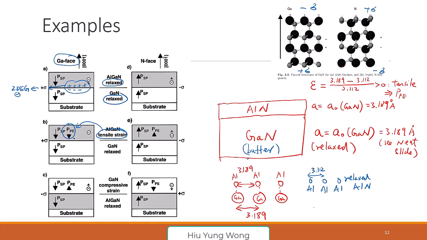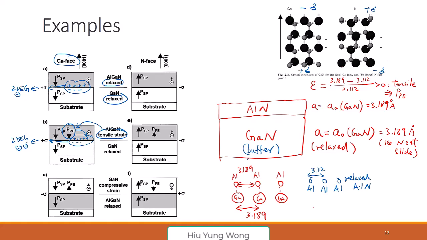So originally it has 4, and now we have 5 because of this additional piezoelectric polarization. For the substrate, it's still the same. It's relaxed, so I still have 3. So what do I get? Again, positive charge, but now I actually induce more electrons. I have 2 electrons because I have this extra tensile stress.